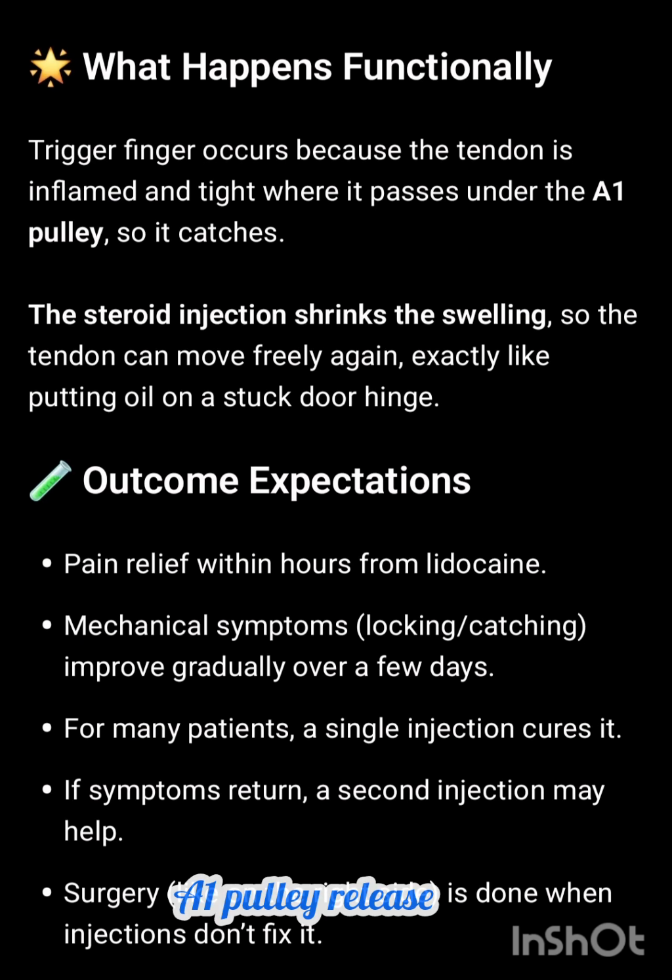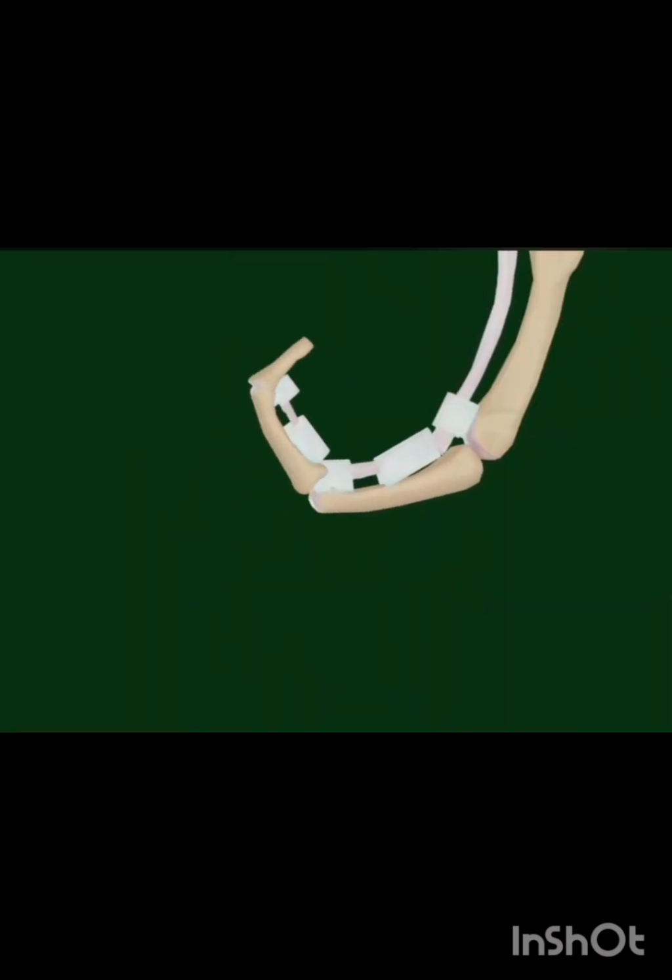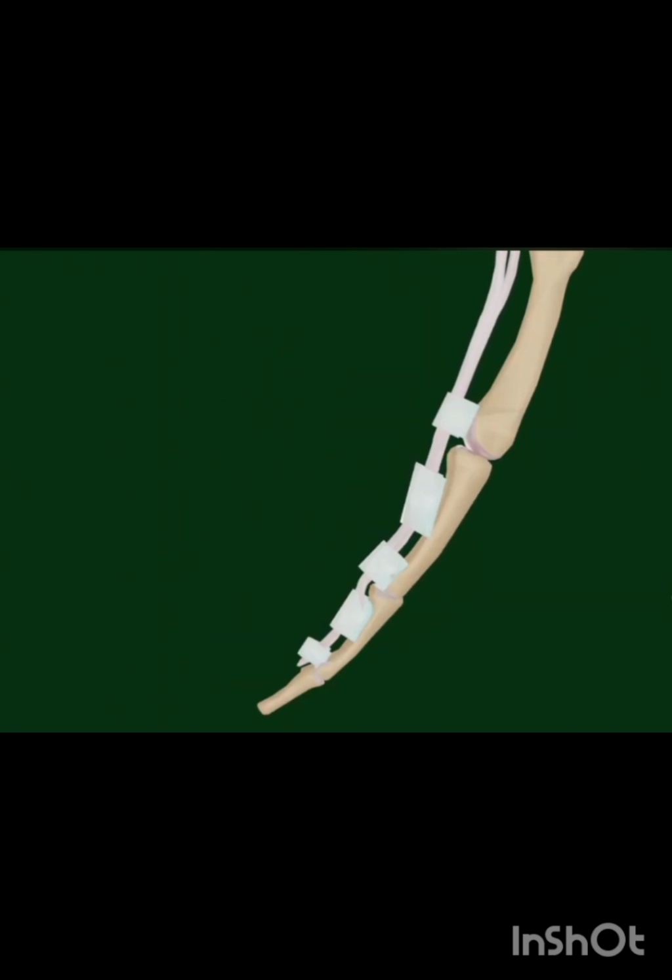Now, what happens in trigger finger? In trigger finger, there is inflammation, which can be of the A1 pulley, or of the tendon sheath, or of the tendon. Any of these will cause trigger finger. What will happen in trigger finger? See, right now it is gliding smoothly.